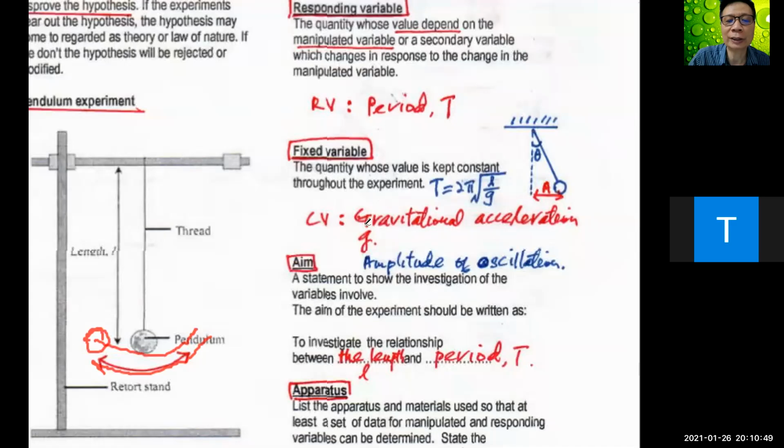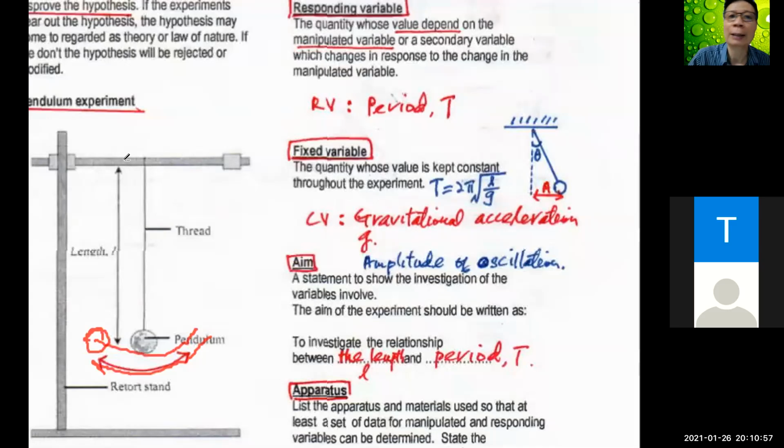Gravitational acceleration affects the result, so it must be fixed, meaning you must do the experiment at the same position. Same position means the gravity will be the same.